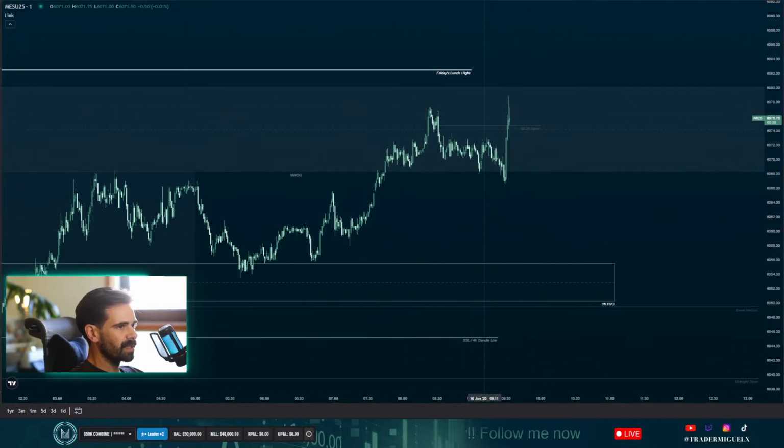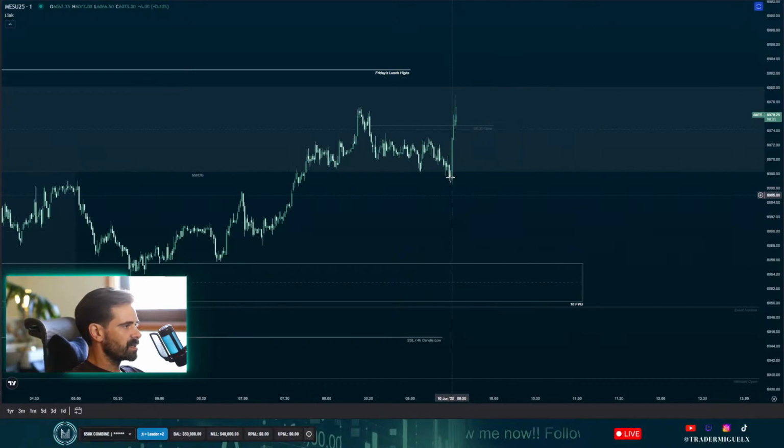The main thing that I would like to see is price eventually getting support around the N walk or the upper band of the N walk, and then continuing to the upside, or eventually giving up from the N walk and starting to retrace back down.